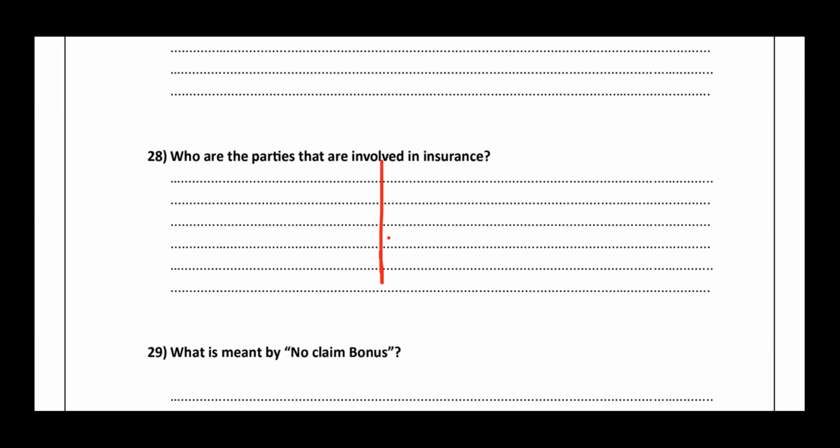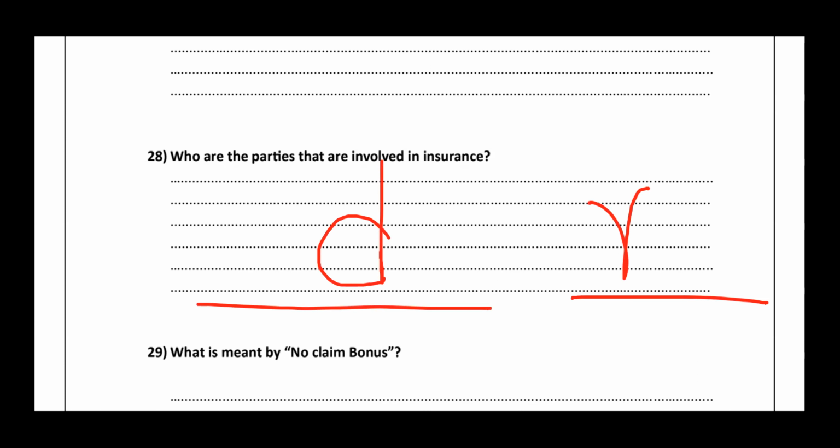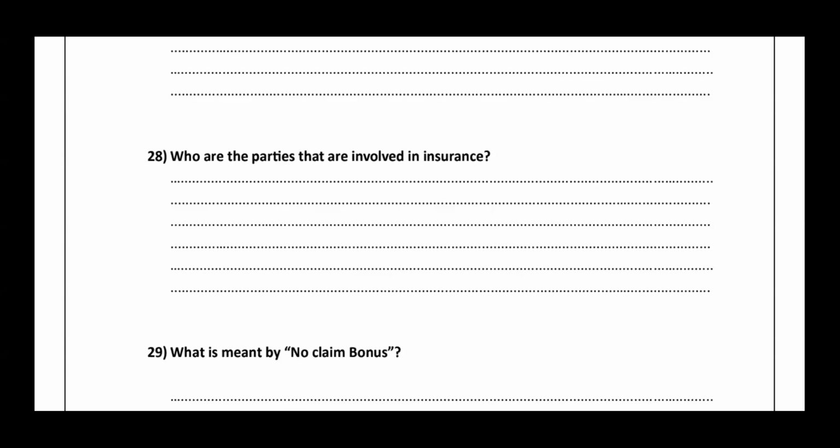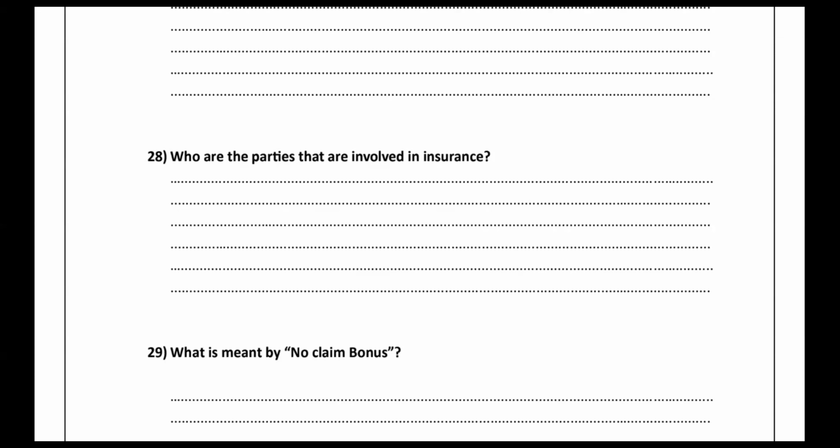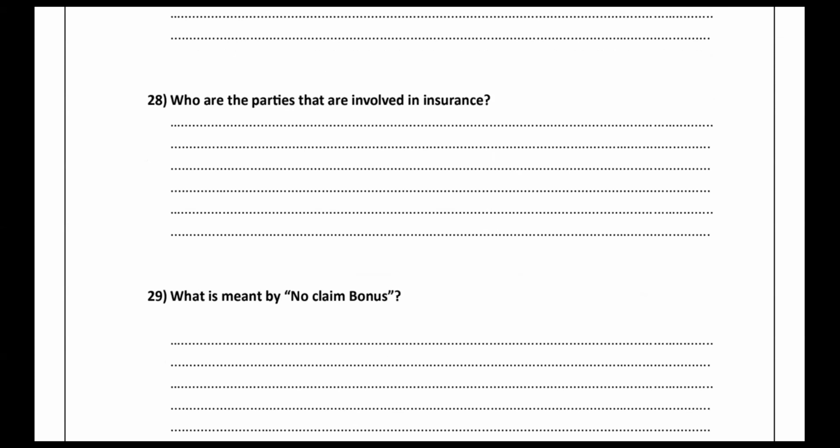Insured, the last letter is D, and insurer, the last letter is R. Silly, but easy to remember. D comes first, R comes next in the alphabet order. So the first person is the insured, and the insurer is the second person. That's how I remember, because I have got answers where you send it and then send it back again because you're confused. Remember like that.